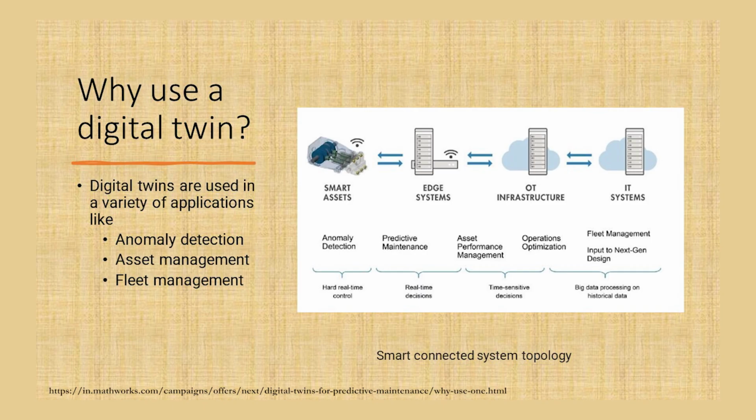What we can also do with the digital twin is predictive maintenance. We can predict failure in advance, and therefore, we can do maintenance before anything fails. We can order components before anything fails. So, it can help us make real time decisions. It can also help us with operational technology infrastructure.